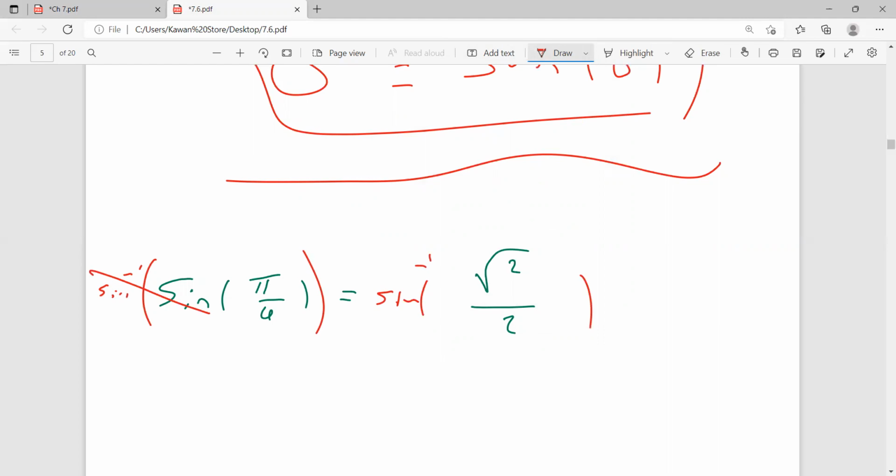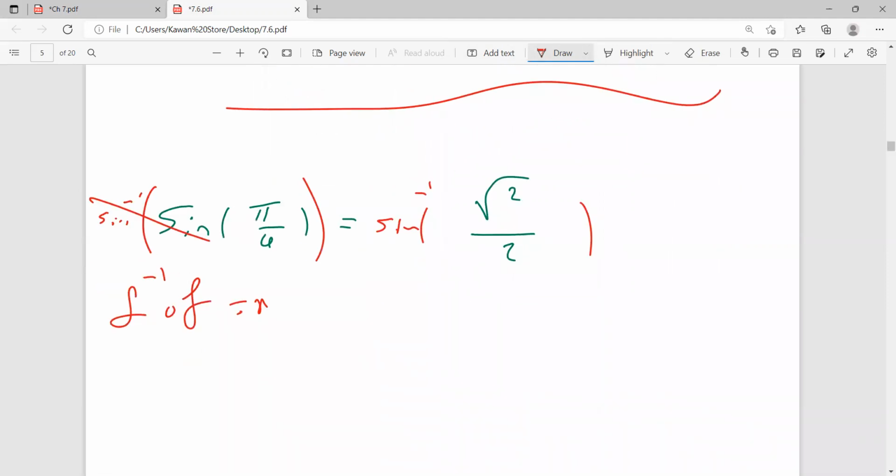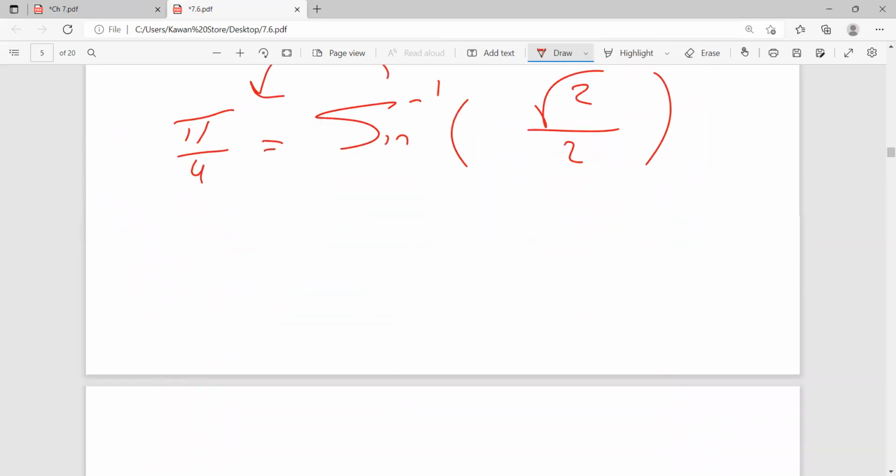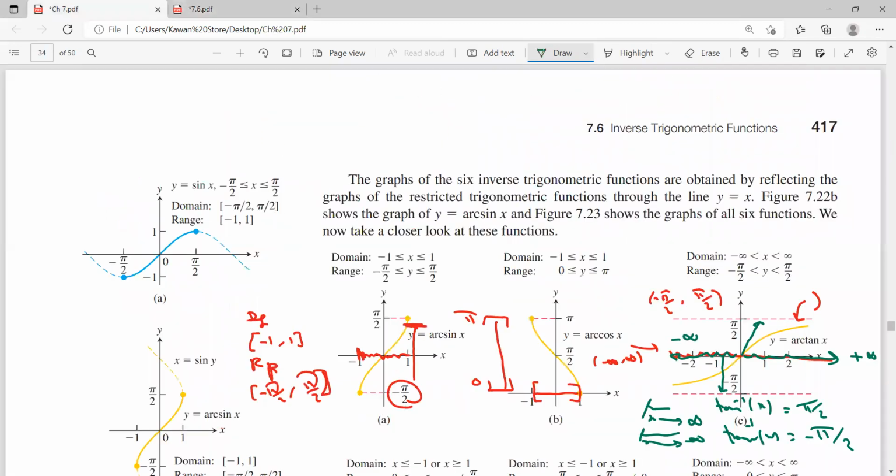And you know, inverse of f of x gives me what? x. So these two will cancel, eliminate, and pi over 4 remains. So you can ask me, sine inverse of square root of 2 over 2 is equal to what? I can say it is equal to pi over 4. This is true for all the other values. This is the first point I want to share with you.